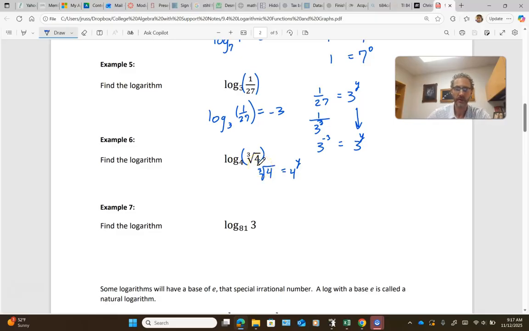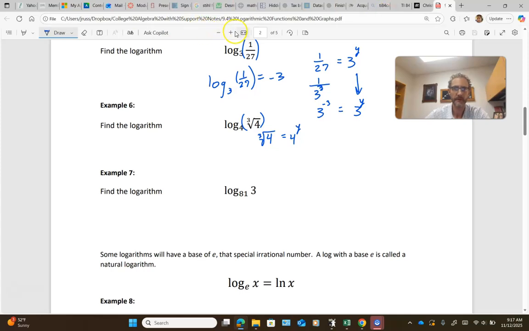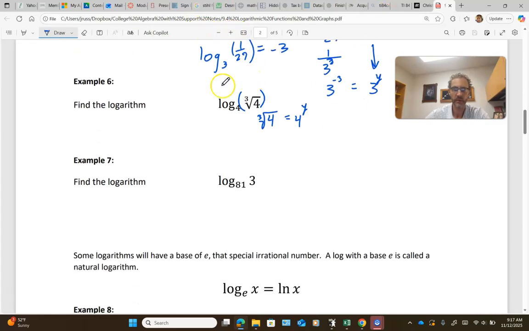Well, there's a property that relates exponents to radicals. And it's this property right here.